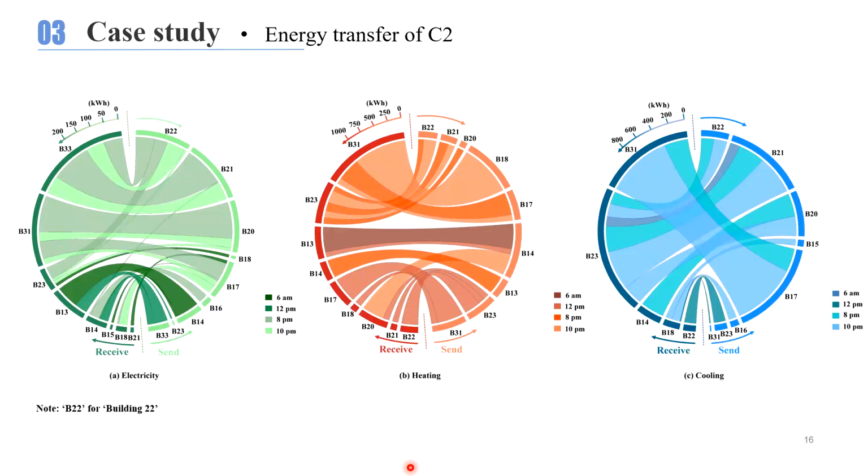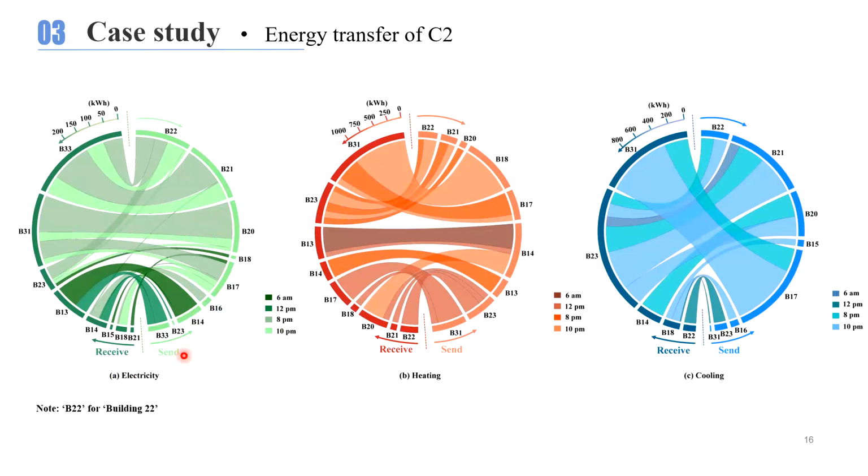The details of energy transfer are analyzed by taking cluster 2 as an example, and the detailed energy transfer at 4 typical time slots are displayed here. And different colors represent the energy transfer at various time slots, and the width of each line represents the quantity of the transferred energy.